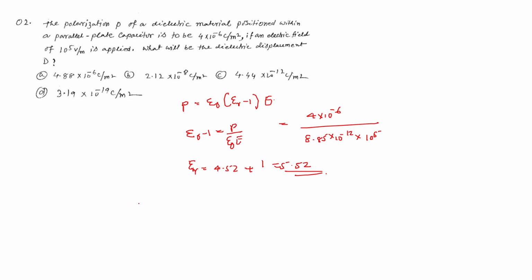Now the permittivity of the dielectric material: epsilon = epsilon 0 epsilon r.